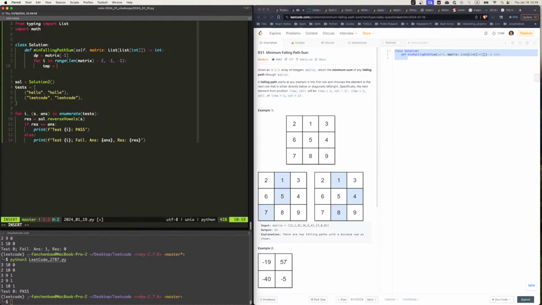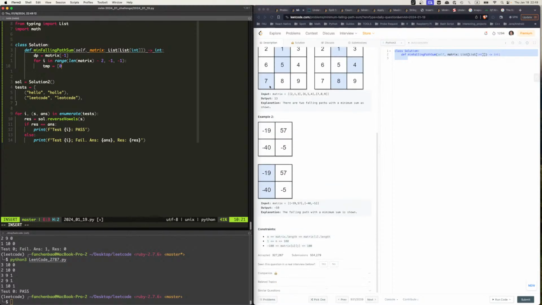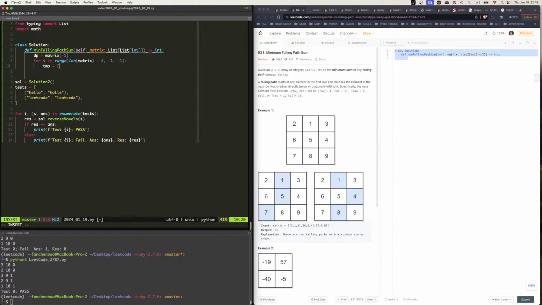Temp is gonna be 0. Ooh, we need to find the minimum, right? So we need a large value. I'll do math.inf times n by n.